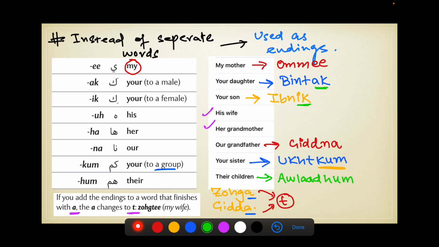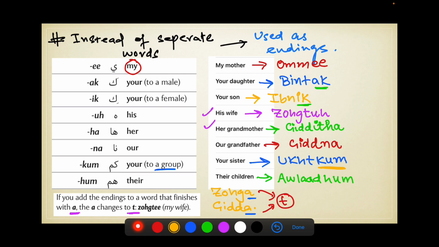Let's try these. His wife will be zoga, and we will replace a with t and add the ending. So it will be zogto. If we have to say her grandmother, we'll say gidda, replace a with t and add ha. So it will be giddatha.